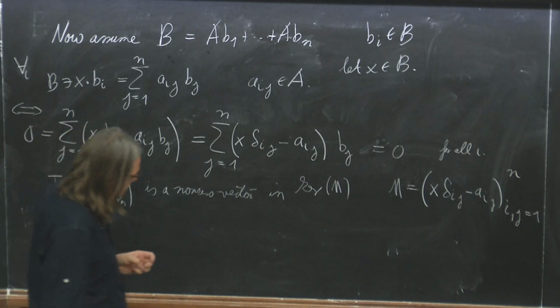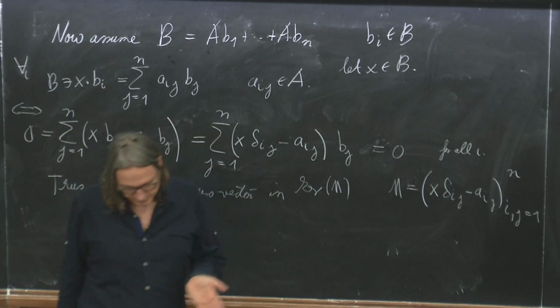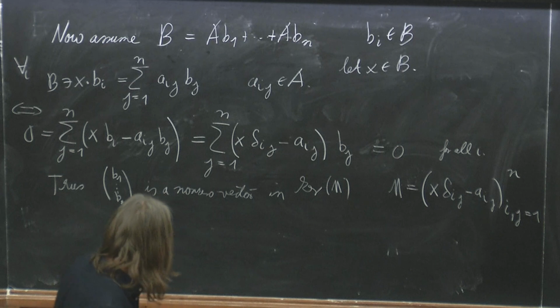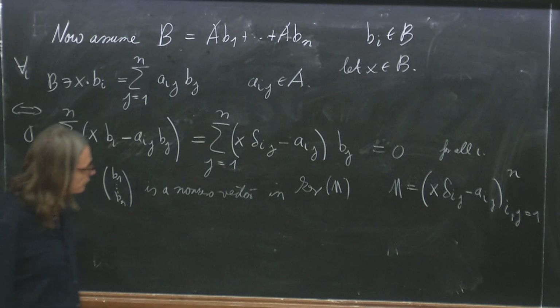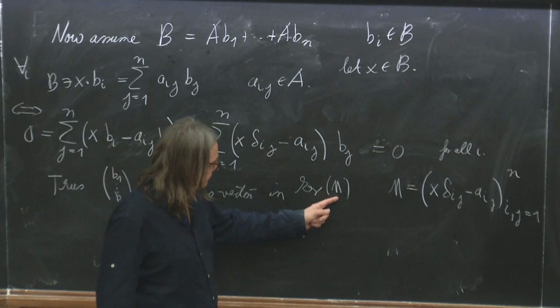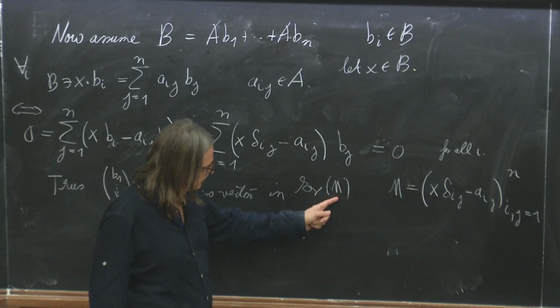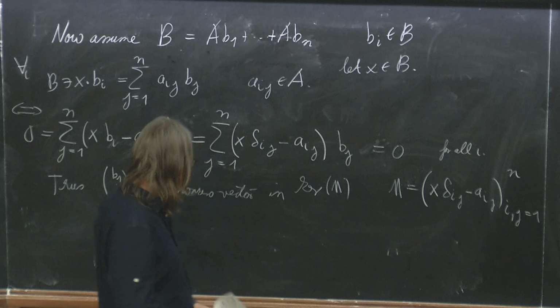So we have a matrix with coefficients in an integral domain. We know an integral domain is a subring of a field, so we can view this M as a matrix with coefficients in its fraction field.